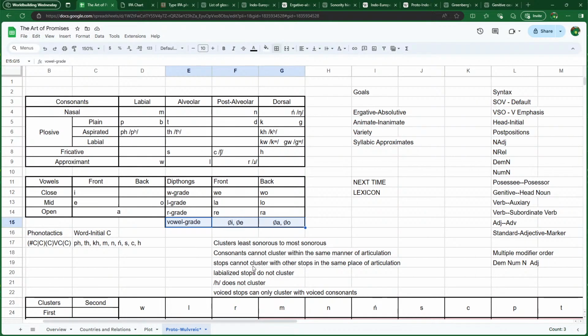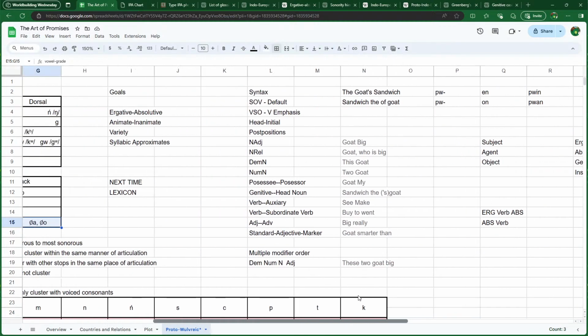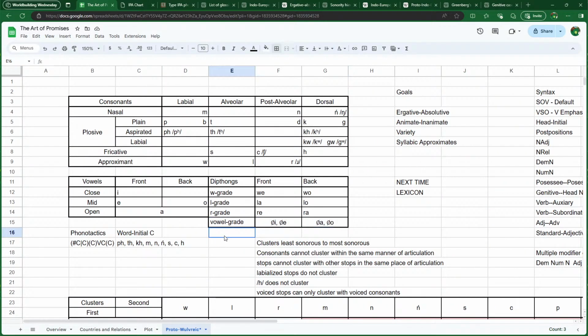I want to make sure it all fits into ablaut. Jeez. Already spent 20 minutes before we even got to the words. I'm sorry, guys. This is important. We're building it up so that we can make words. Ooh, actually.